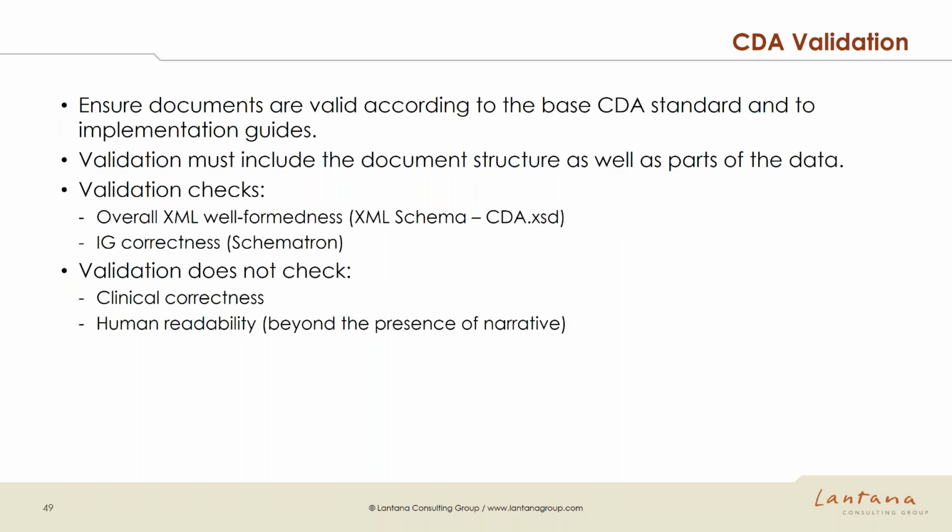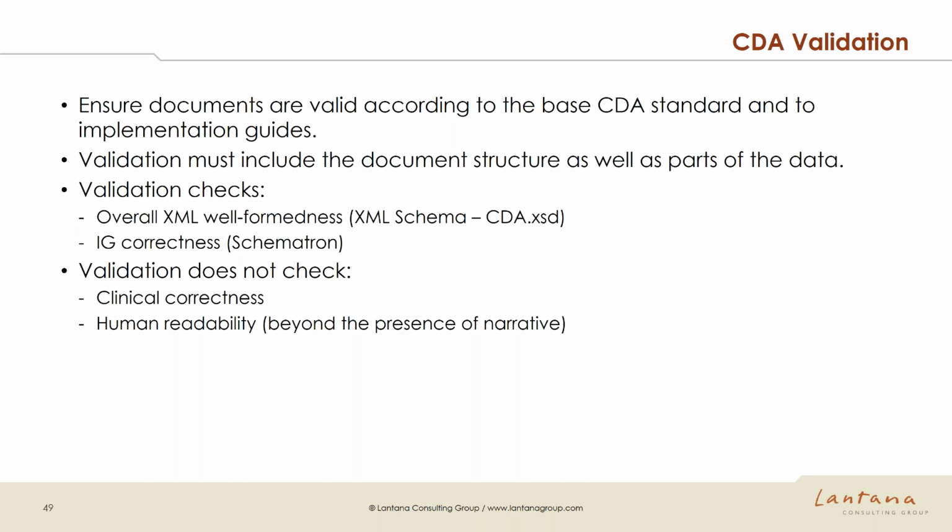Let's move on to validating CDA documents, and advance it one more. So validation ensures that documents are correct according to the base CDA standard and to any implementation guides. Validation will check the overall document structure as well as parts of the data, such as the codes that are used.